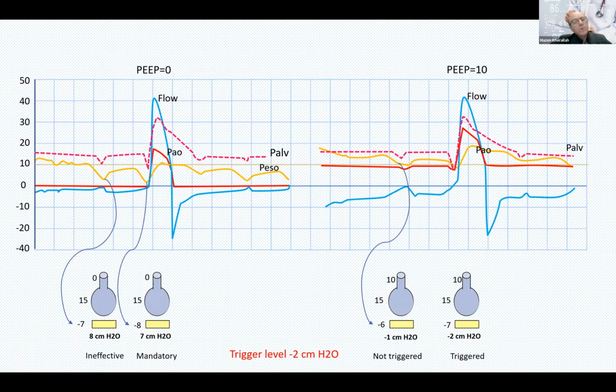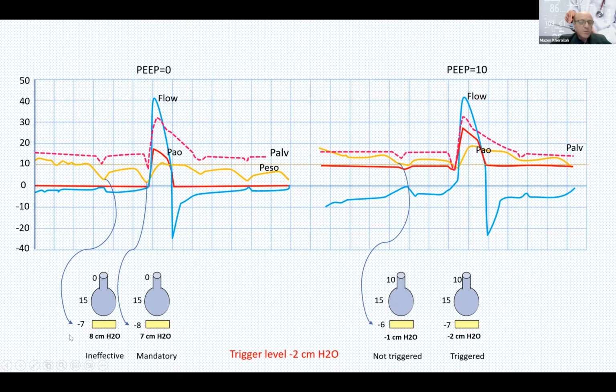Anyhow, what you see right now is auto-PEEP of 15 centimeters of water. You can see it here. Airway pressure 0, that's a solid line, and alveolar pressure of 15 centimeters of water. Well, at the same time, the patient started to drop his esophageal pressure.